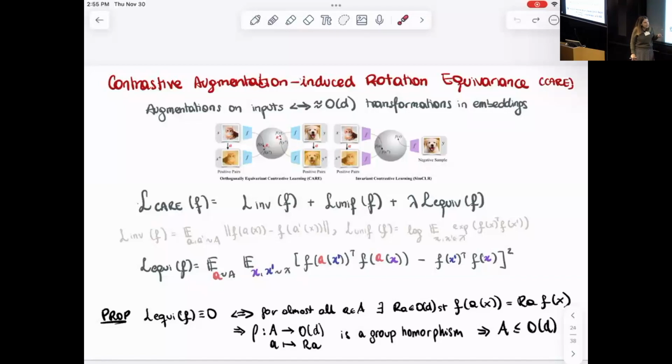If you interpret your set of augmentations, they're not a group, but if they were a group, then you could think that there exists a group homomorphism from the space of augmentations to the orthogonal group. So you can think of your space of augmentations, or whatever is not killed by this embedding, to be like a subgroup of the orthogonal group.